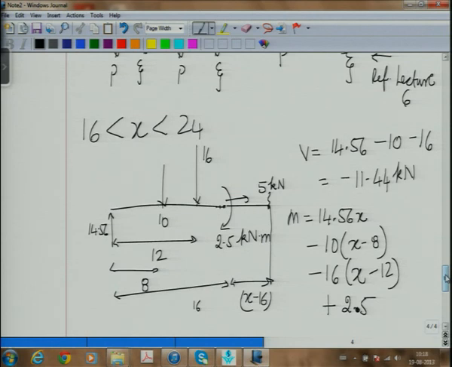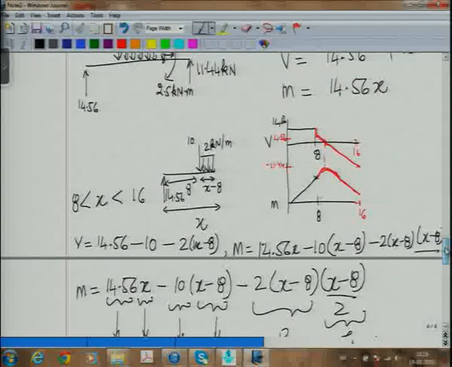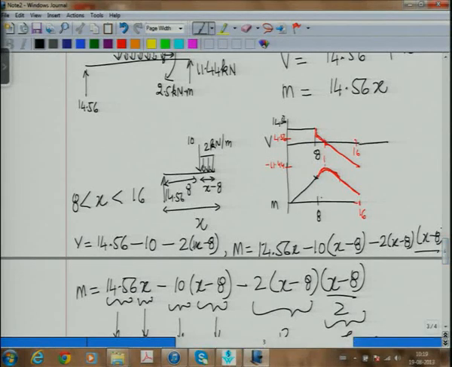How we write the equations? Now you can simplify and put them in the form ax plus b or whatever. Also you should always put the units in your answers. Maybe I have not put them here, but if we move from 16 to 24, the shear force, let's put a navy blue color to this, stays at minus 11.44.